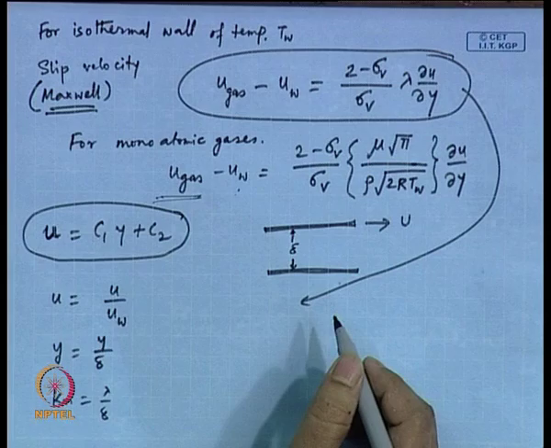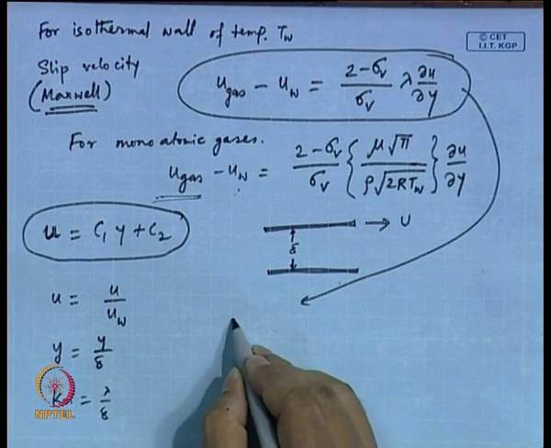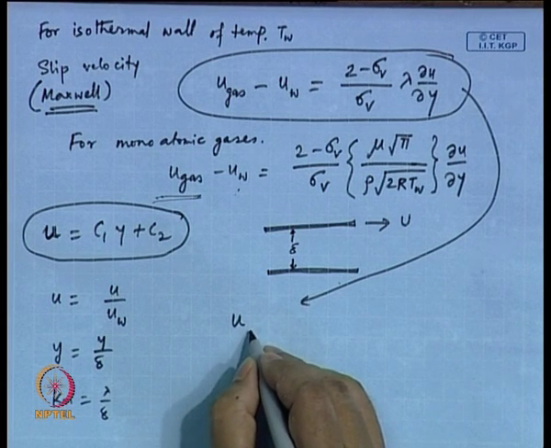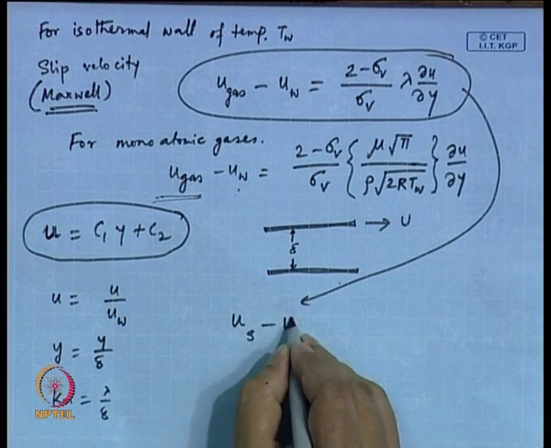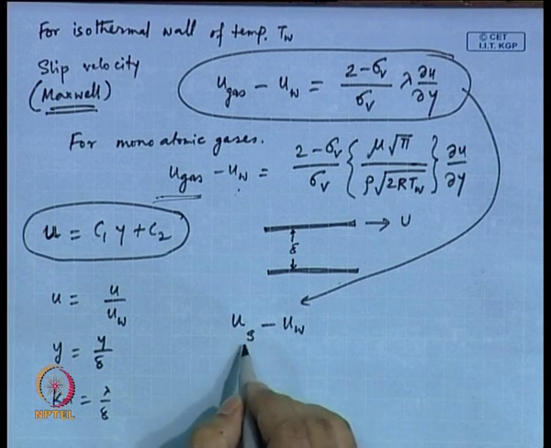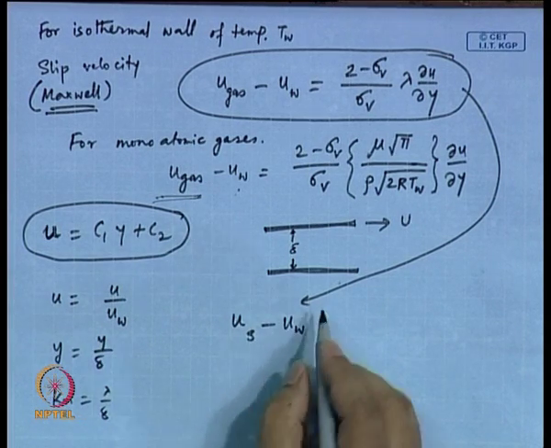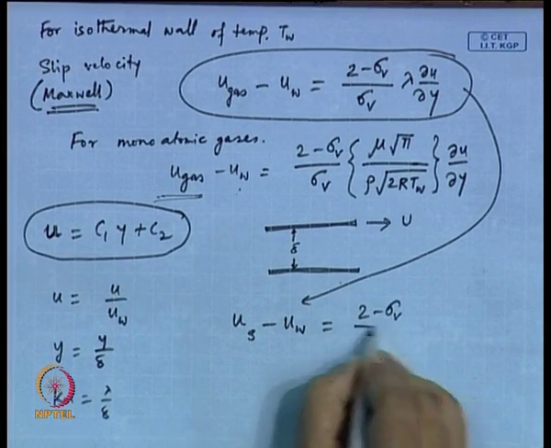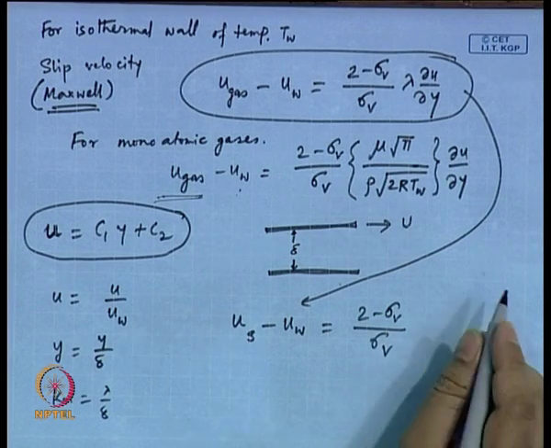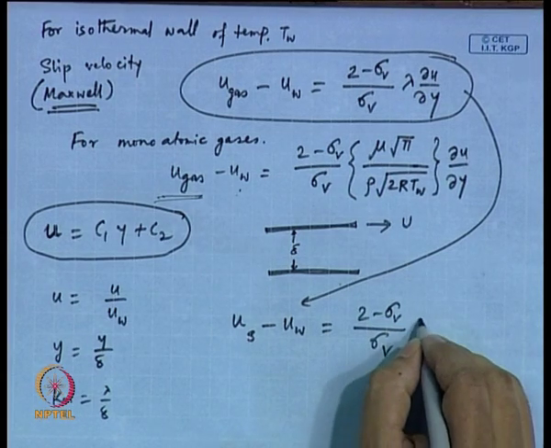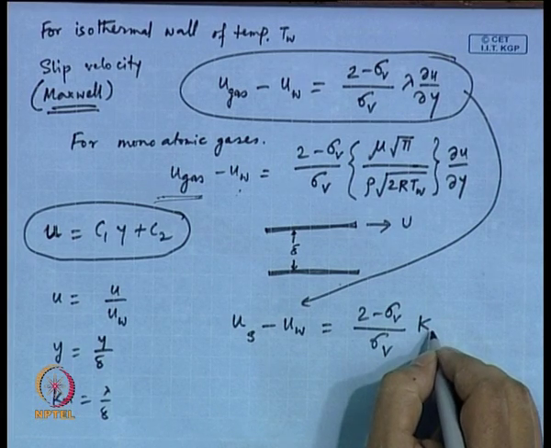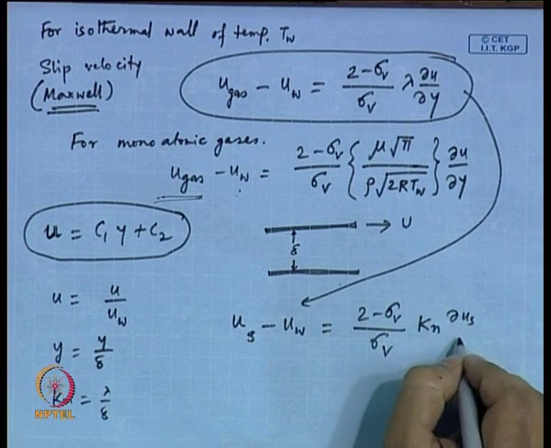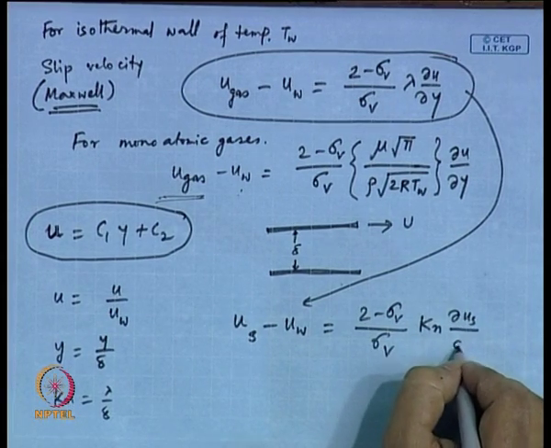Now, what we said is that u at the surface, we call this u s, u s minus u w, which is the velocity of the wall, is equal to 2 minus sigma v by sigma v into, let me write this as Knudsen number, del u s del n.